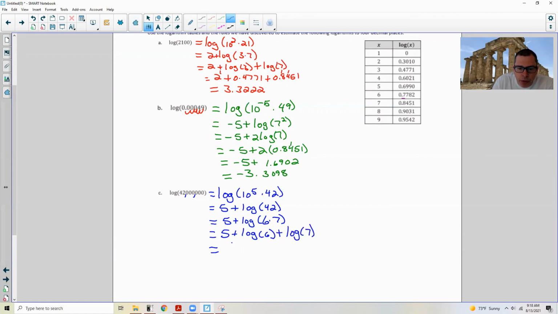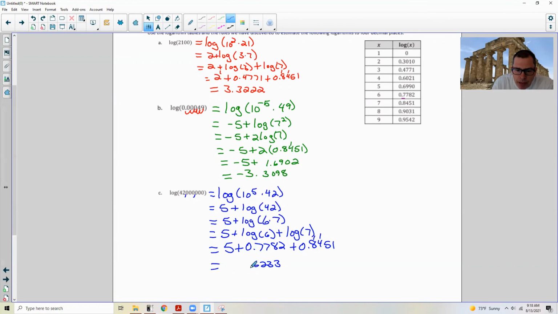So that is going to equal 5 plus the log of 6, which is 0.7782, plus the log of 7, which is 0.8451. So this is going to equal 2 plus 1, 3, 8 plus 5, 13. 7 plus 4, 11, and 1 is 12. Carry the 1. 8, 9, and 7 is 16.